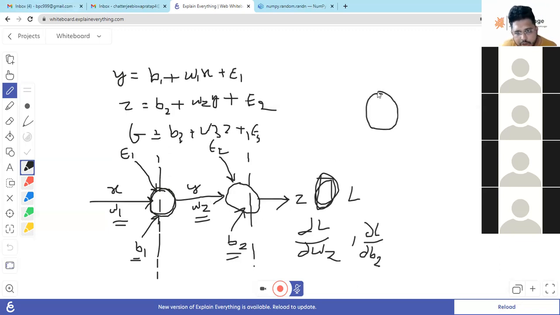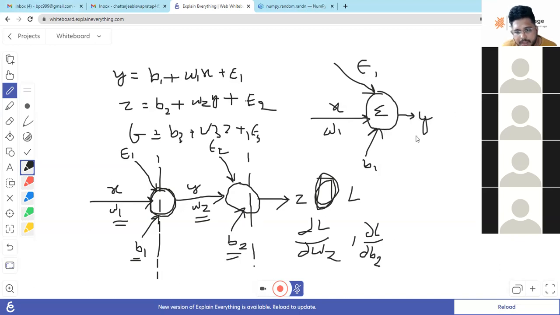This neuron is the summation. What is coming? X is coming. W1 is the weight of this edge. Epsilon 1 is the error. B1 is the bias. Y is equal to B1 plus W1 into X plus epsilon 1.